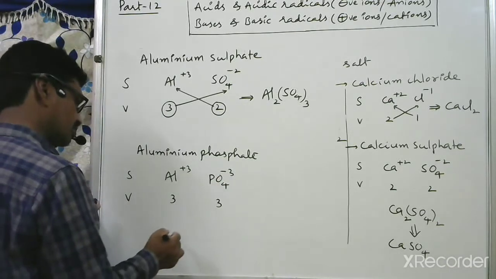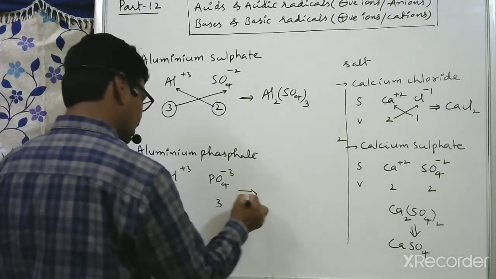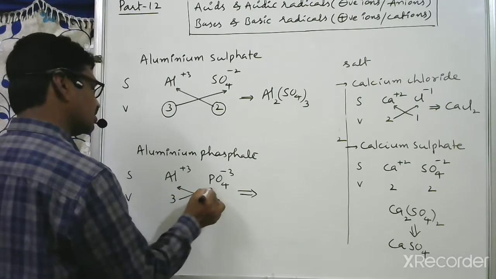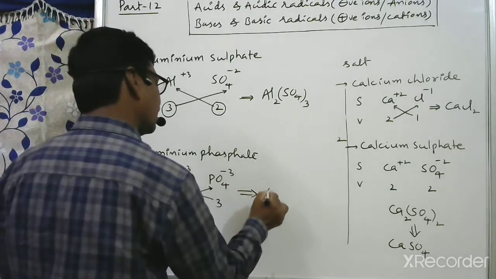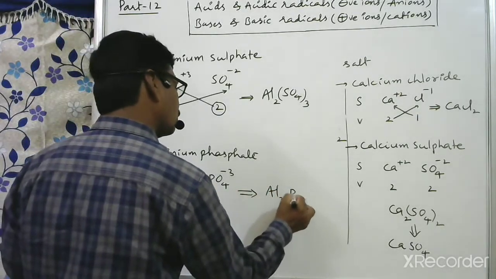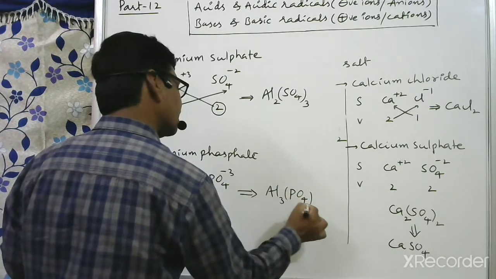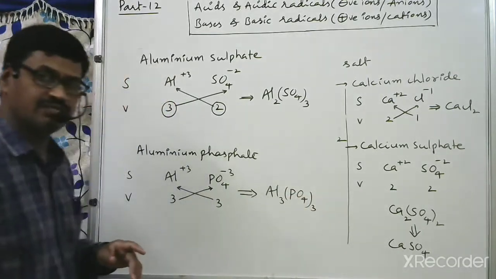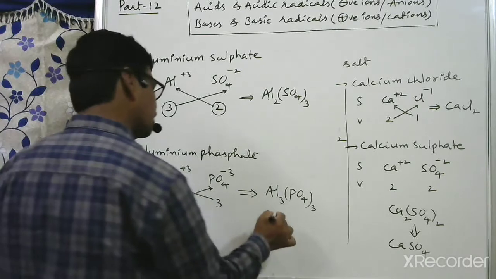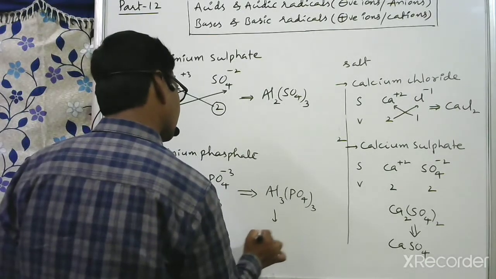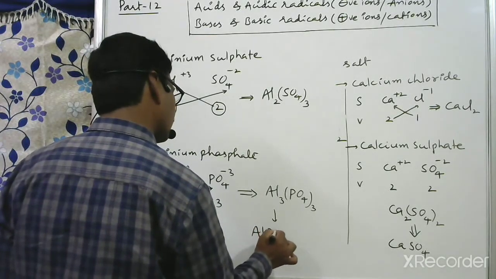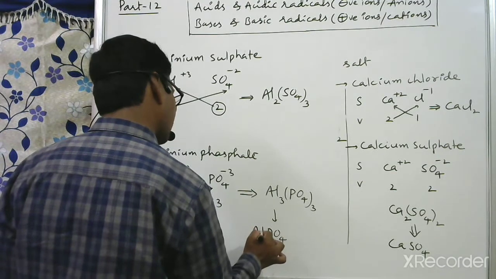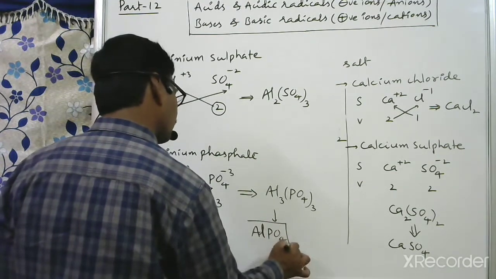So what is the formula after crisscrossing like this? Al3 PO4 taken 3. But we should take the simplest formula, no? So the simplest ratio of this is AlPO4. Aluminum phosphate formula is AlPO4.